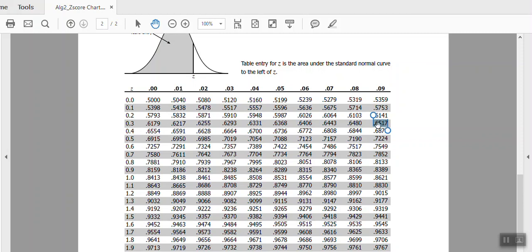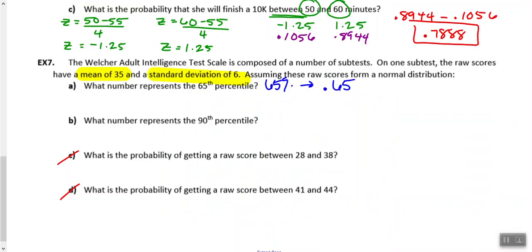Well, what z-score matches up with 0.6517? Start over on the edge, and I get 0.3, and then I pick the number at the top, 9. So 0.39. So that means that for this problem, I have a z-score of 0.39.